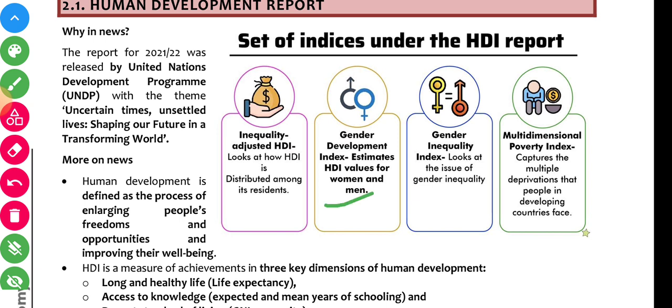Gender Inequality Index looks at the issue of gender inequality. Multidimensional Poverty Index captures the multiple deprivations that people in developing countries face. These are the 4 indices in the Human Development Report. You can remember this.